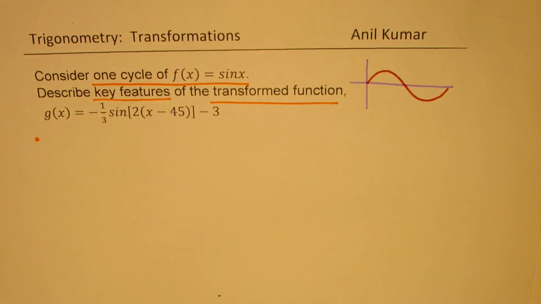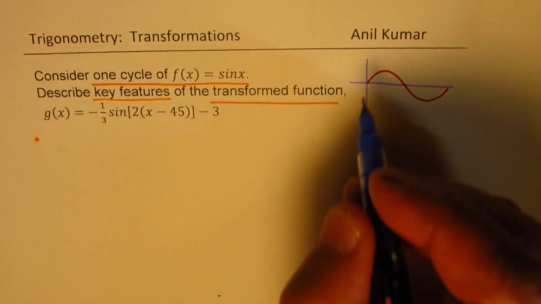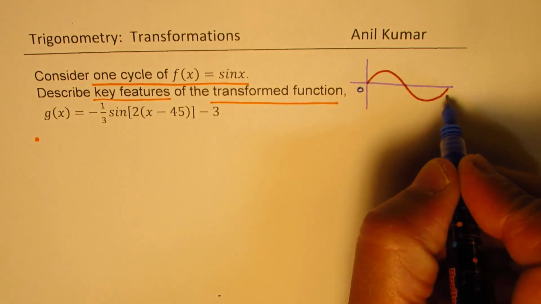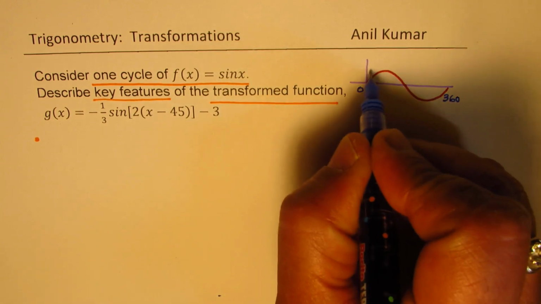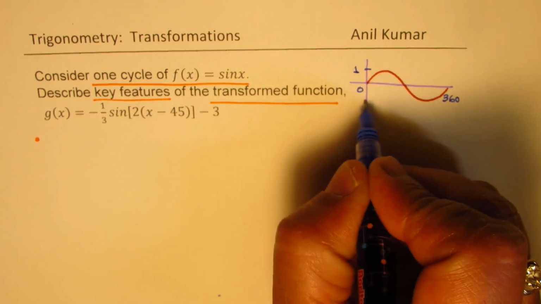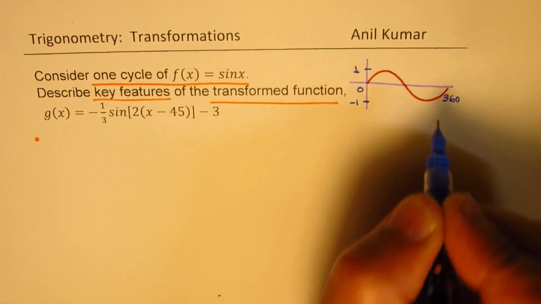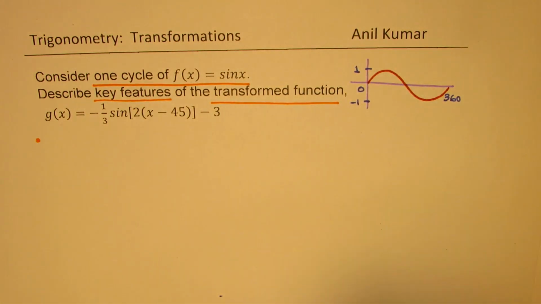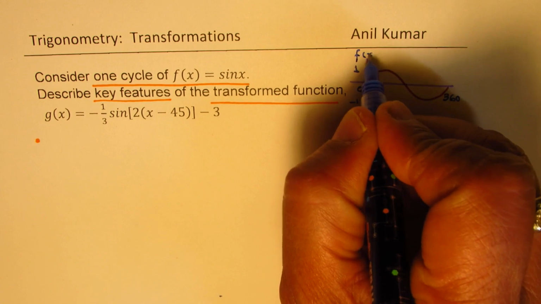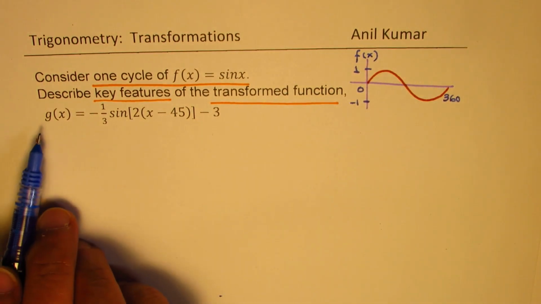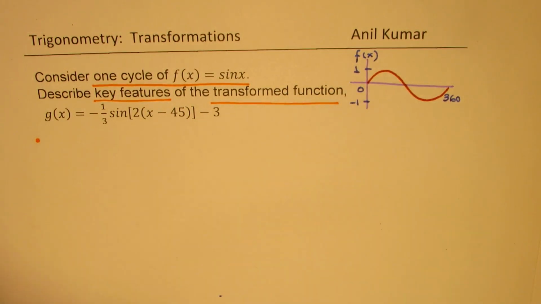This is what we are talking about, whose domain is from 0 to 360 degrees and range is from minus 1 to plus 1, correct? So that is f(x). Now we'll compare g(x) with this f(x).